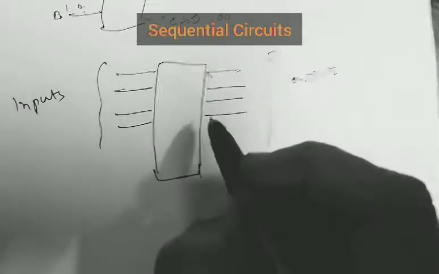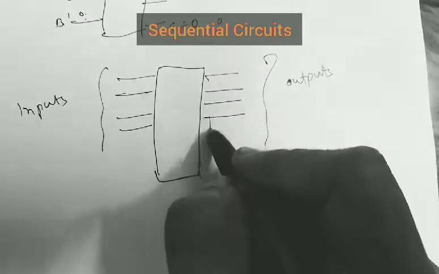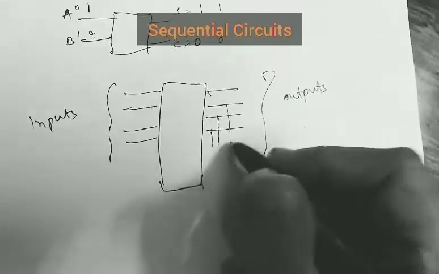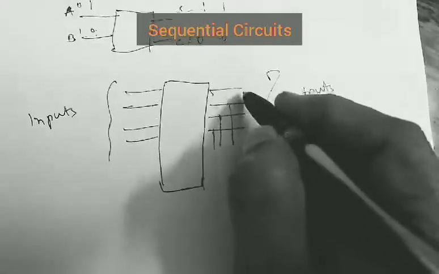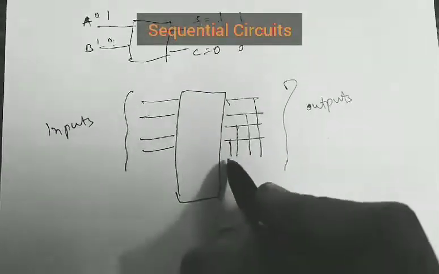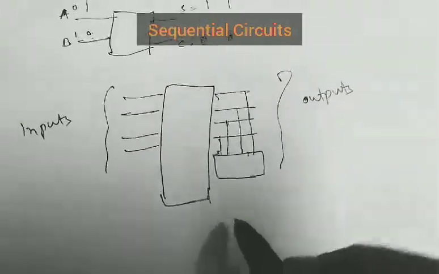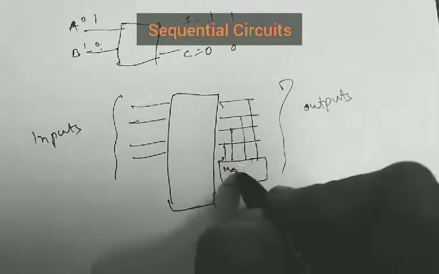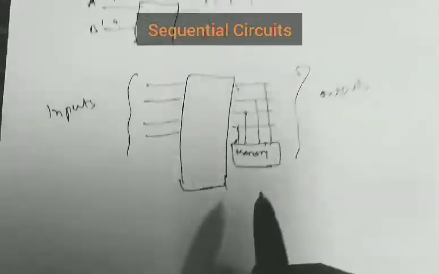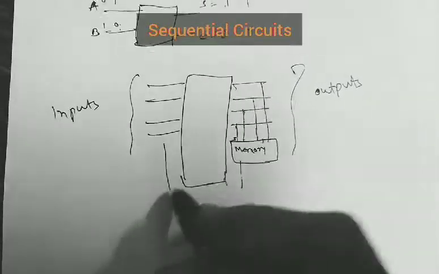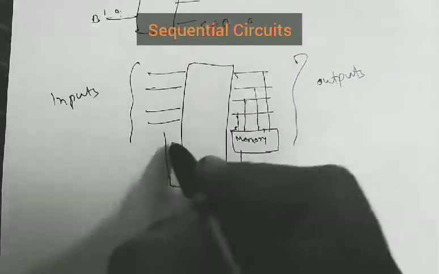So what I am doing here is, somewhere we have to store the output which we are getting in memory. So we have stored the output in memory and fed it back as an input.